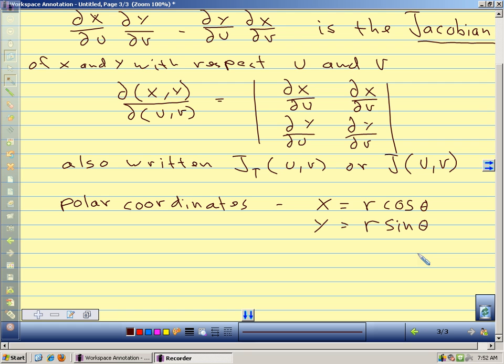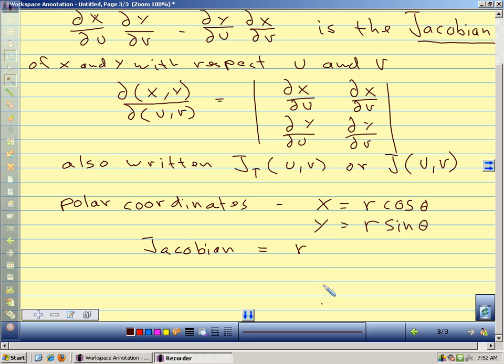And our Jacobian for polar coordinates turns out to be r. Because when we transform our double integral in polar coordinates, our integrand turns out to be whatever our function is, r dr d theta. If we did this determinant with these transformations, our Jacobian would turn out to be r.